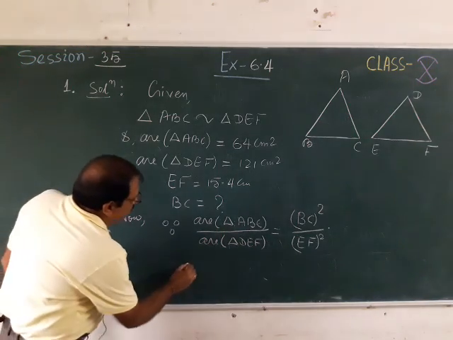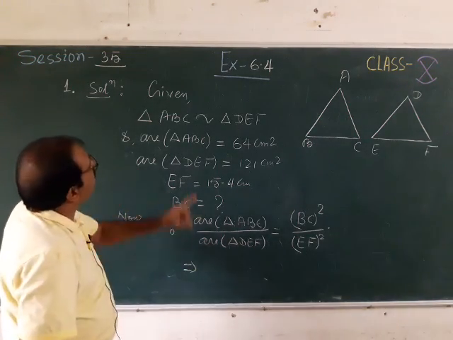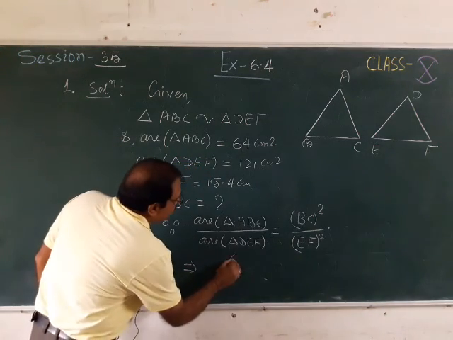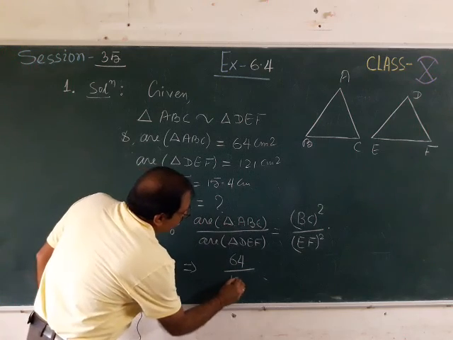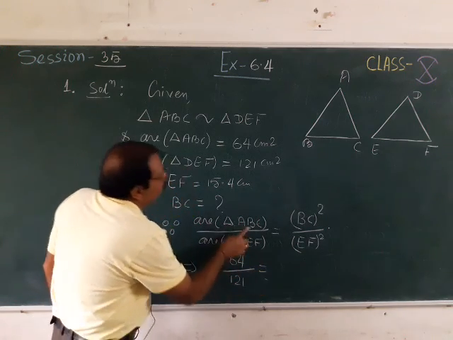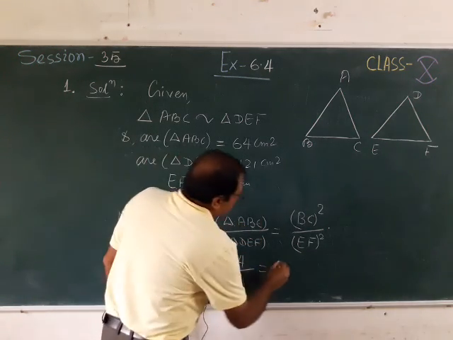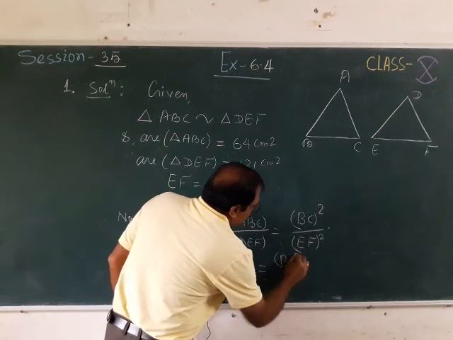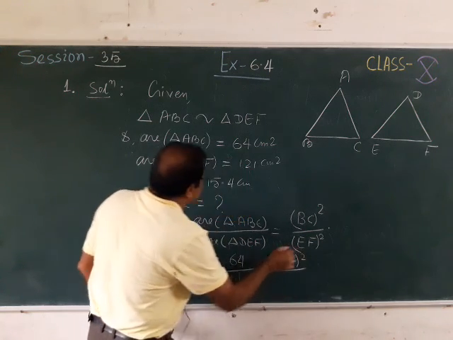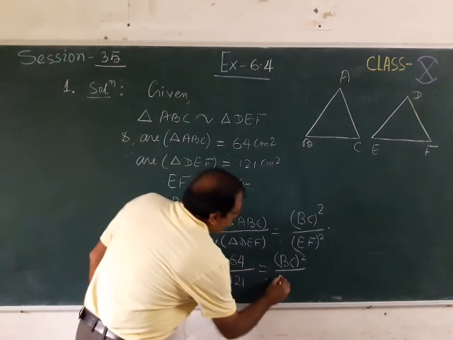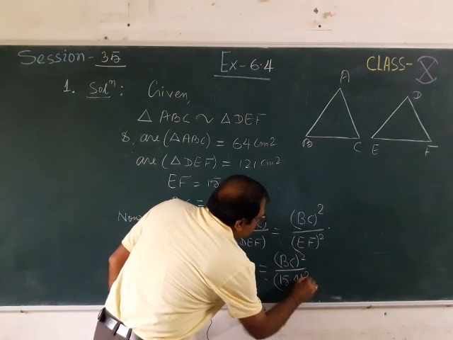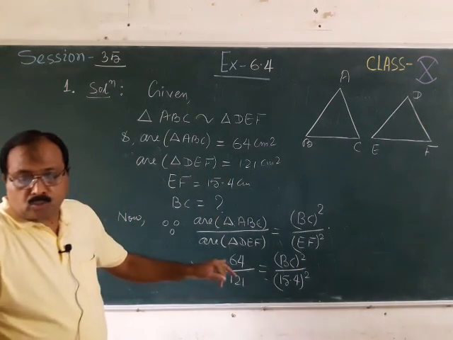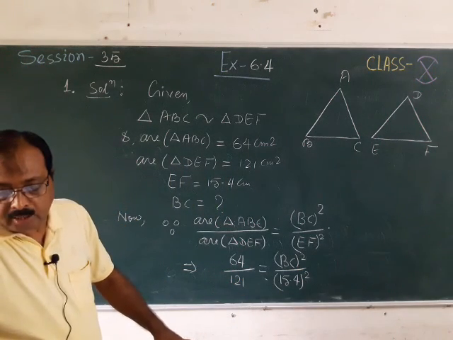Now here the area of triangle ABC is given, so you put 64 upon 121 for DEF. Now the side BC is not given, so just write BC square. Then down here EF is given as 15.4, so you can write 15.4 square. Now you need to calculate it to find its value.